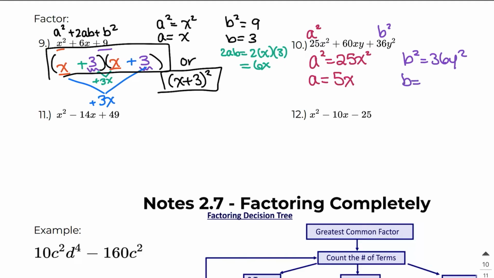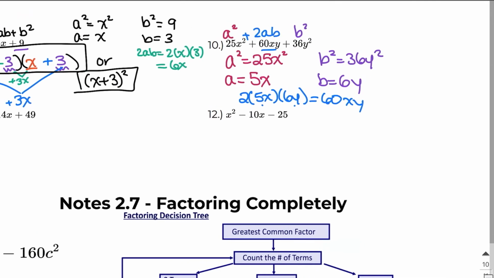So square root it, the square root of 36 is 6, the square root of y squared is y. So then my middle term right here would have to be 2ab. So I would do 2 times a, which is 5x, times b, which is 6y. So 2 times 5 times 6 is 60, and then x times y is xy, which is exactly what we have here.